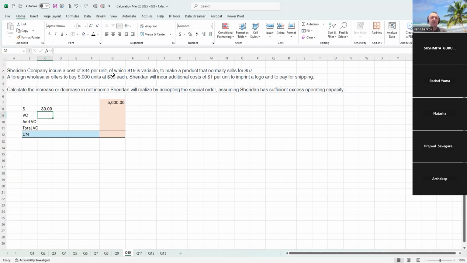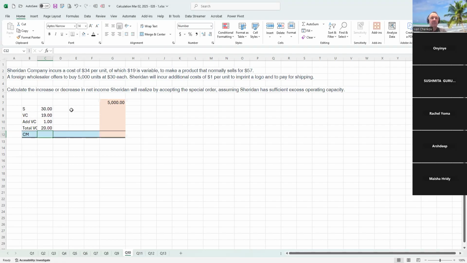And the normal variable cost is how much? $19 is the variable cost. And do we have an additional cost? Yes, an additional $1. So how much is my total variable cost now? $20, right? Those two together.